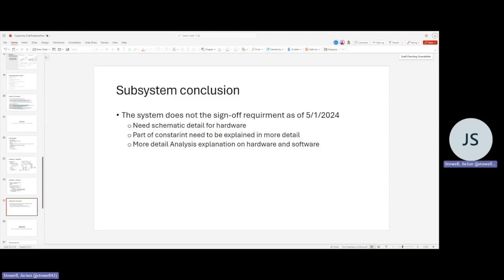There are some minor changes that need to be made to the detailed design, which include the schematic details for hardware, and part of the constraints need to be explained in more detail or changed to fit the design. And more detailed analysis and explanation of hardware and software need to be done.